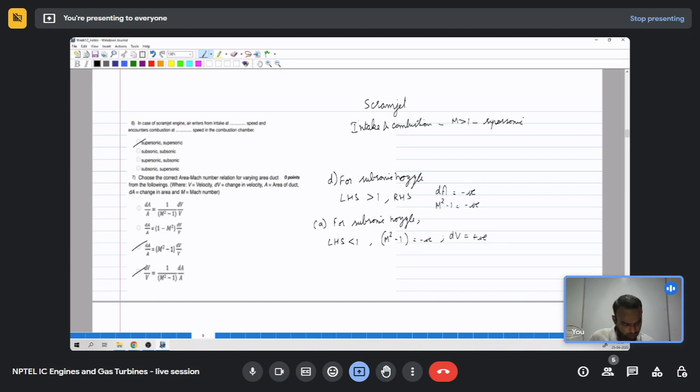So LHS is also less than 1, RHS is also less than 1, but still the equation is not right.